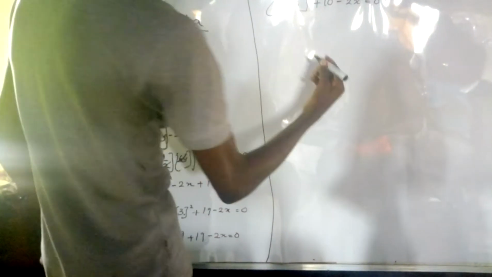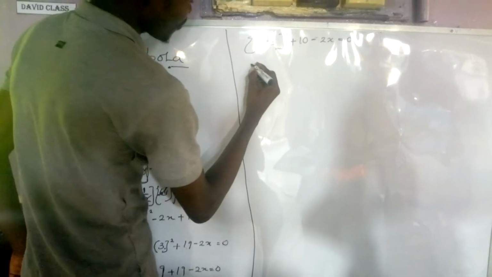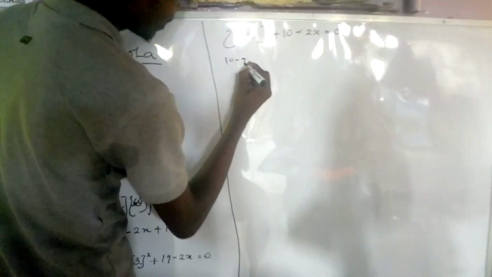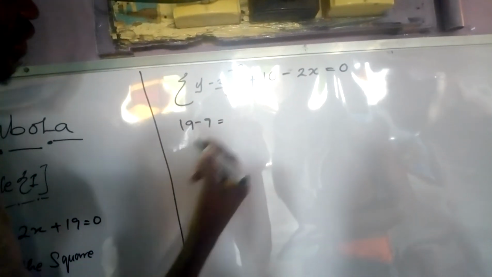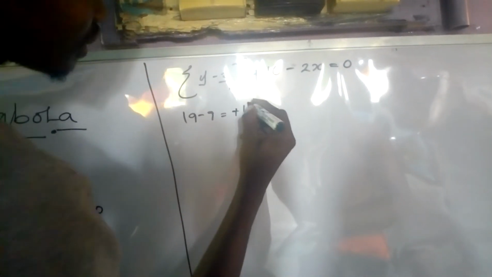it's just like this. When you have 19 minus 9, it is also the same thing as plus 10.